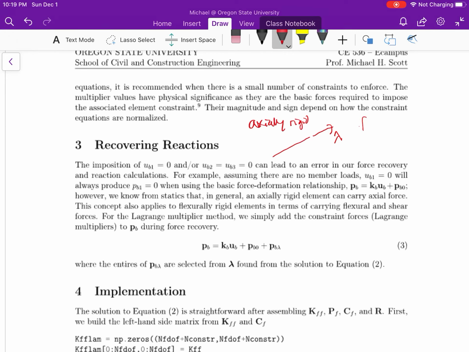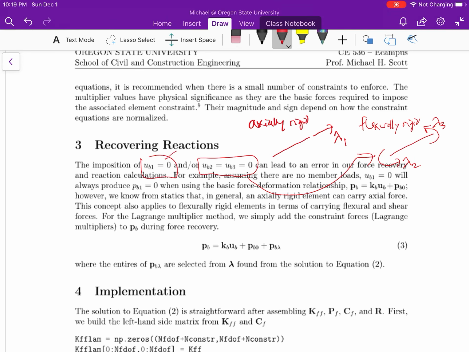And then if we had a flexurally rigid element, there are going to be two Lagrange multipliers. Let's call these lambda 1, lambda 2, lambda 3. These are forces that are going to be added to our element in order to impose UB2 and UB3 equals 0.